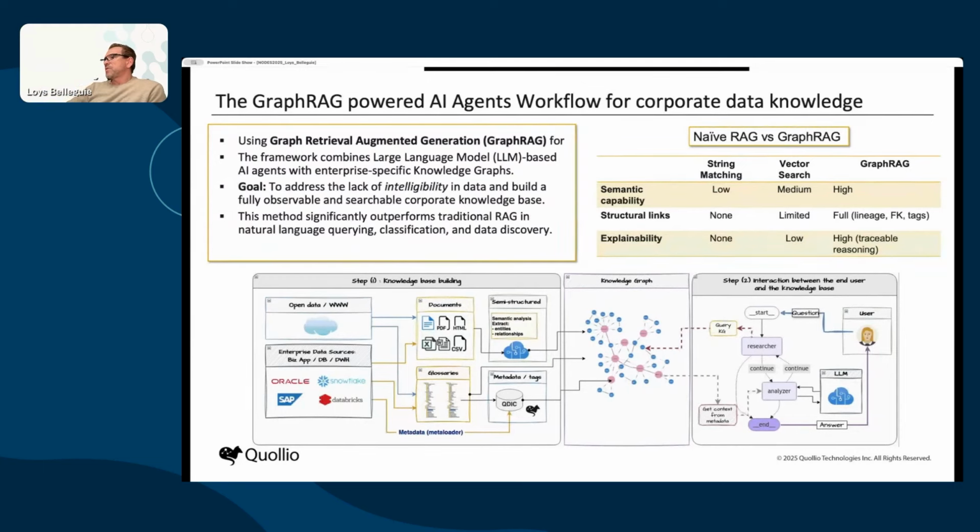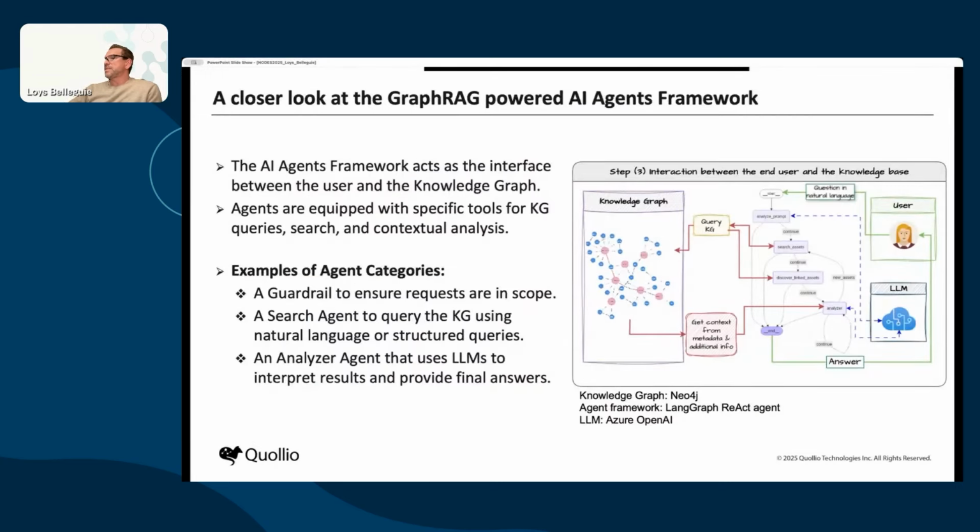The overall framework that we built looks like this. The left part I just talked about: the unstructured data and the metadata from the database go into the knowledge graph, and then we link that with an agent framework.